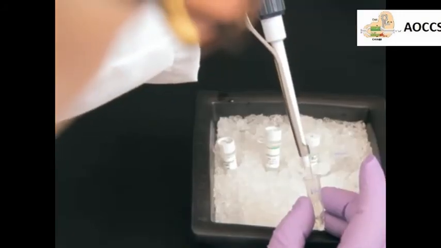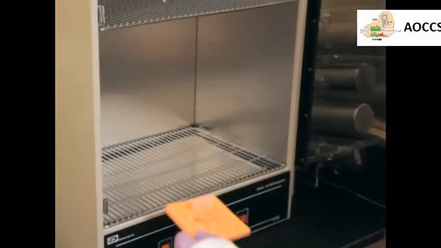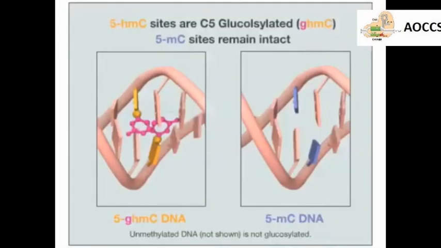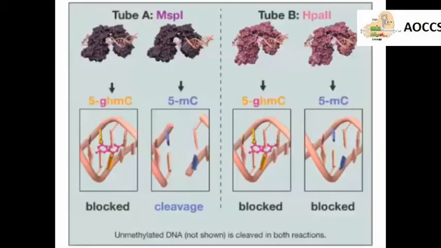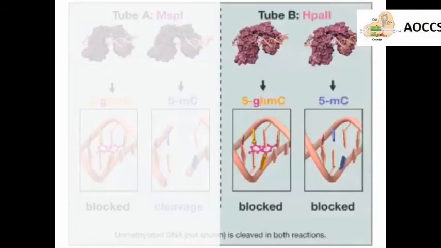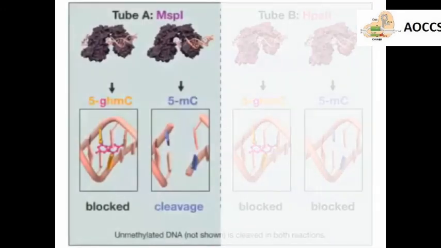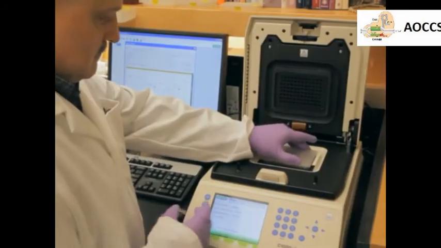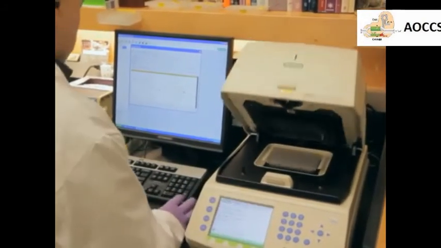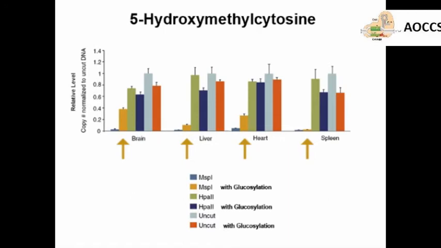In this experiment, researchers performed a chemical reaction that specifically adds a glucose molecule to hydroxymethylated DNA, and then treated the DNA with restriction enzymes that either only cut unmethylated DNA or cut all methylated DNA except when modified to be glucosylated 5-hmC. This analysis, followed by PCR, allowed discrimination between types of methylation at specific DNA bases.